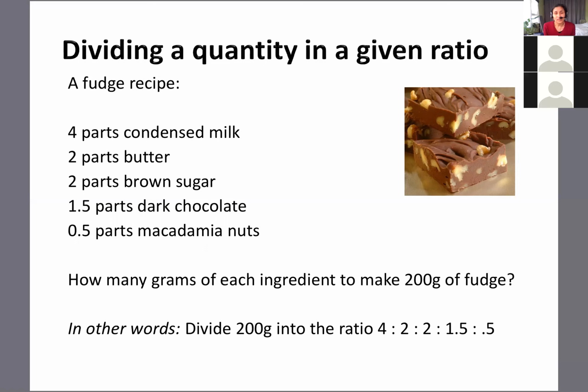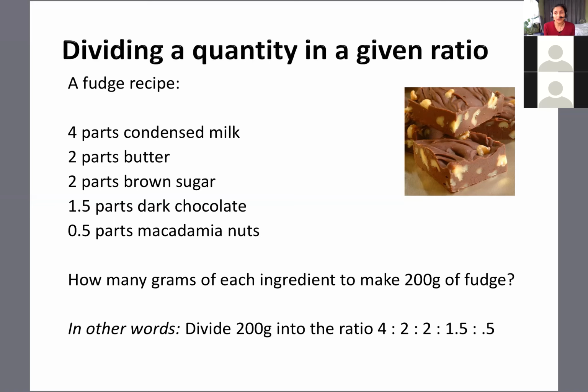So you've seen on Milo an example of making 1 kilogram of fudge. And when you're asked to make a certain amount of fudge using this recipe, what you're really doing is dividing that amount, so in this case on this slide 200 grams, into the ratio given by the recipe, so into the ratio 4 parts to 2 parts to 2 parts to 1.5 parts to 0.5.